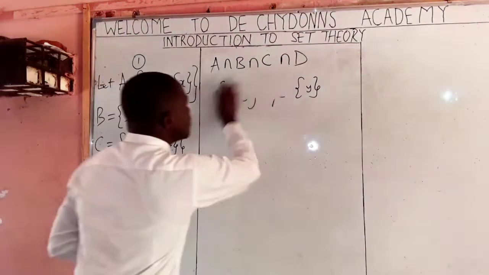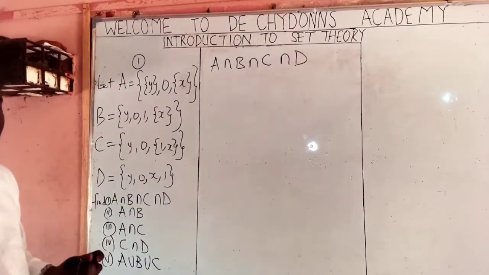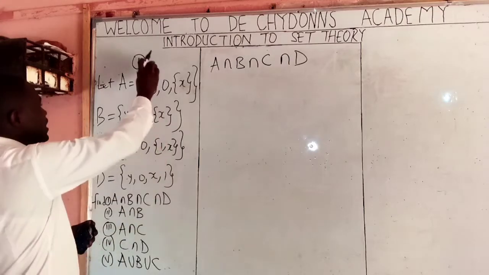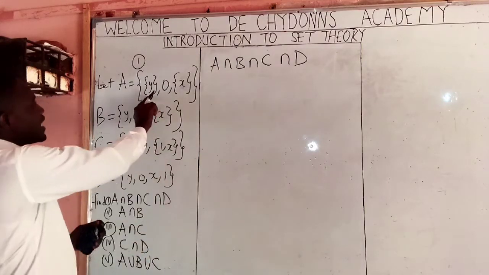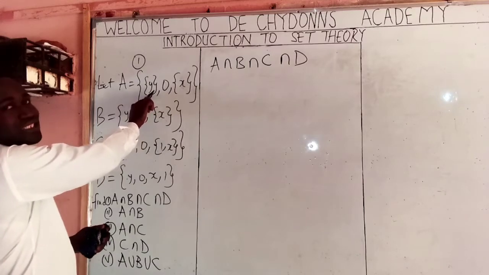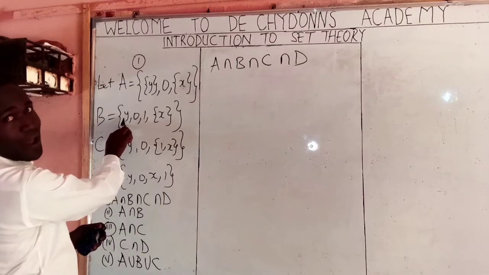When they say get A intersection B intersection C intersection D, it means get the elements that A, B, C, D have in common. First thing that A has is Y that is in a curly bracket. Does B have Y that is in a curly bracket?